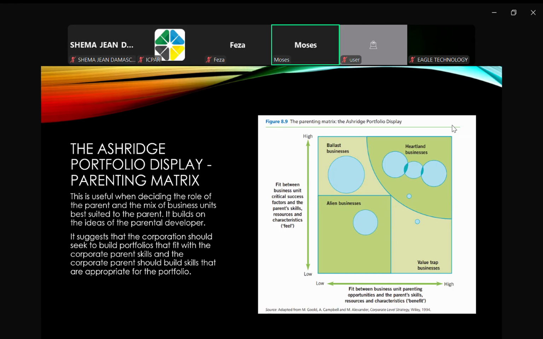If there is a match between the skills and resources at the center and those within the business unit, then we call those heartland businesses. There's a good match and fit.